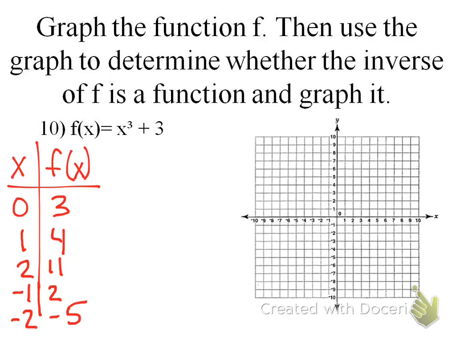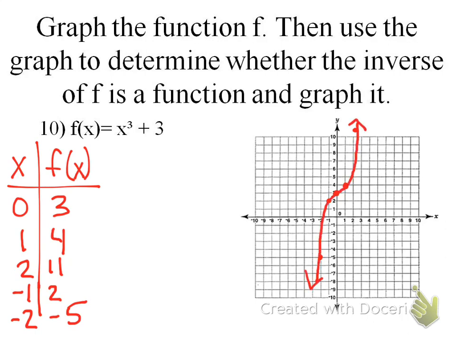So let's go ahead and graph those. Okay, I can't really go up to 11. I'll put a dot up there just to show us the shape of this. The -1, I go up to 2. And the -2, I'm down at -5. And then we connect it with one of those smooth curves.